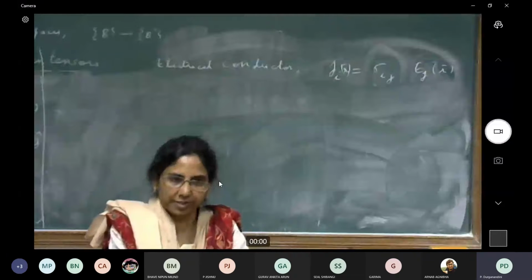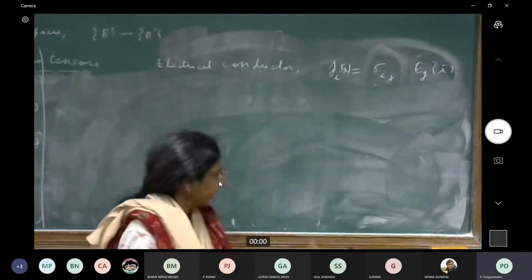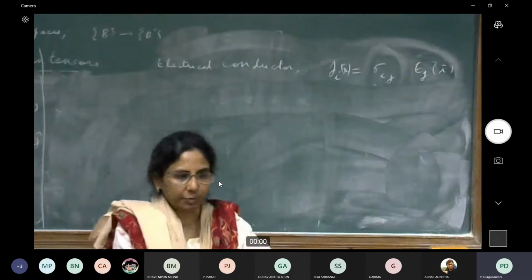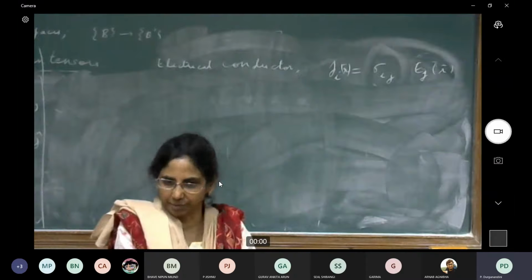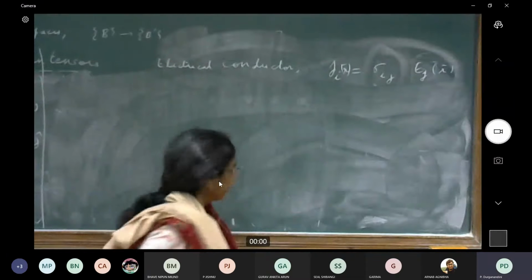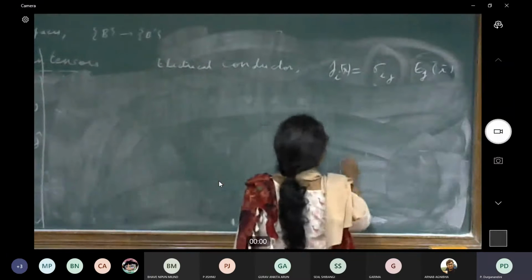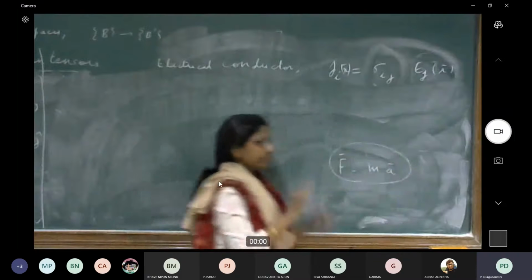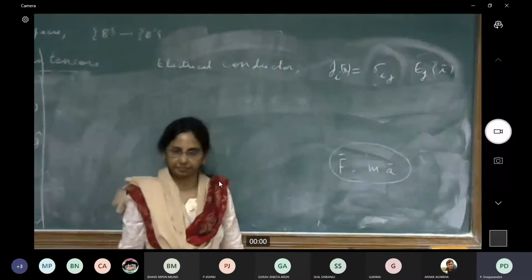In another choice of basis, I will get A1 prime, A2 prime, A3 prime. But my Newton's law must remain the same, that the force is proportional to the acceleration and the proportionality coefficient is simply m, which is a mass, and that should be independent of choice of basis. So the fact that I have this equation F equal to ma, irrespective of choice of basis, says that my physical laws remain the same.